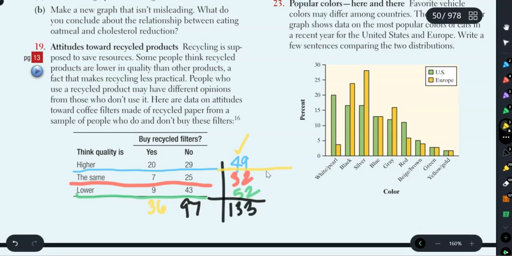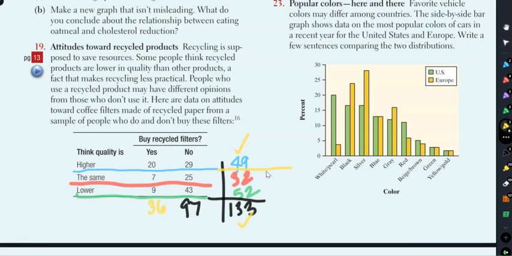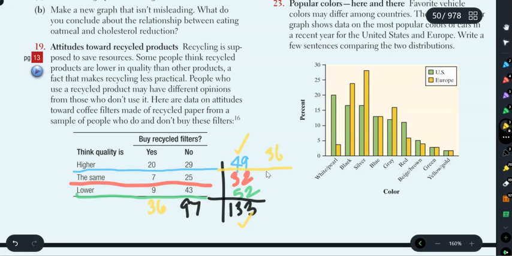That would be 49 out of 133. So if I actually were to do that calculation, 49 divided by 133, that would tell me the percentage of people that actually thought that the quality was higher. And I'm going to do that right now, which is 36.8%. So 36.8% actually thought the quality was higher.